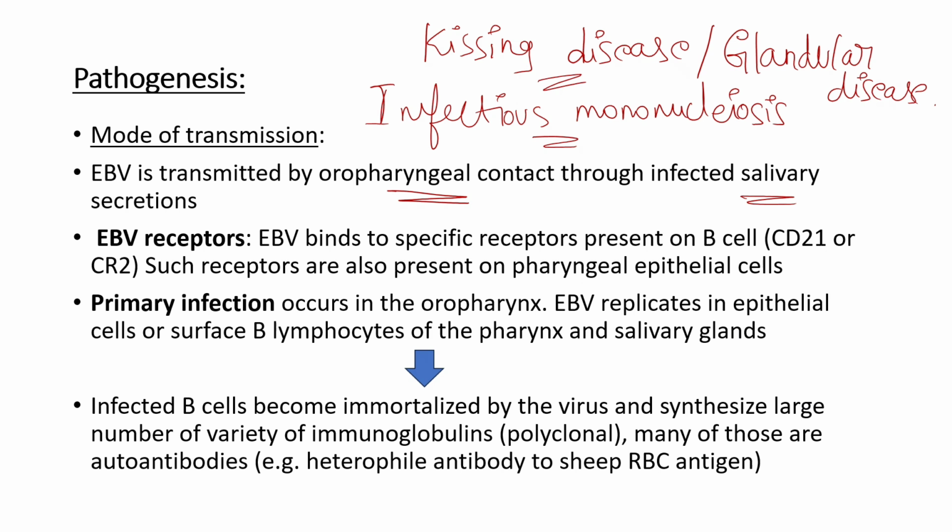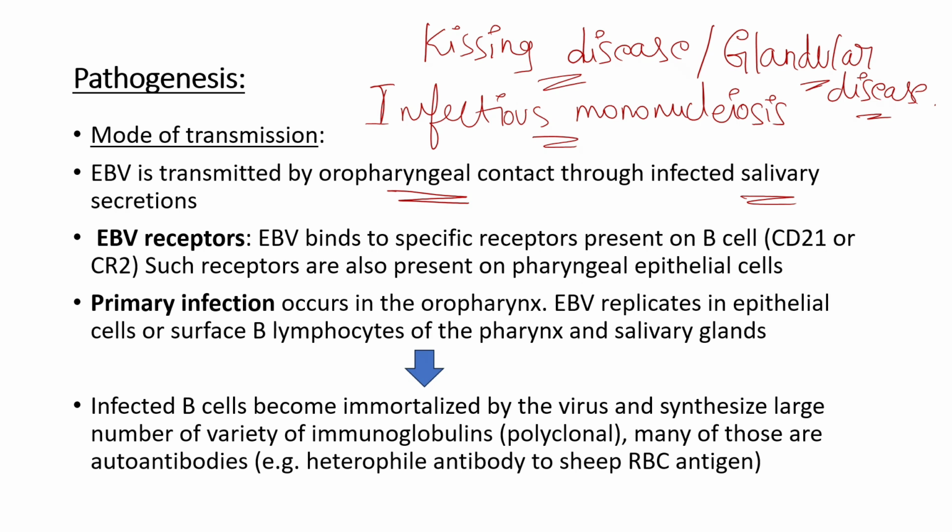And it is also called glandular disease because this virus enters through the mouth, right? So it multiplies in the oropharynx, in the salivary glands. Hence it is also called glandular disease. So let's move on to the pathogenesis of this virus. How does this virus cause infection in the host?